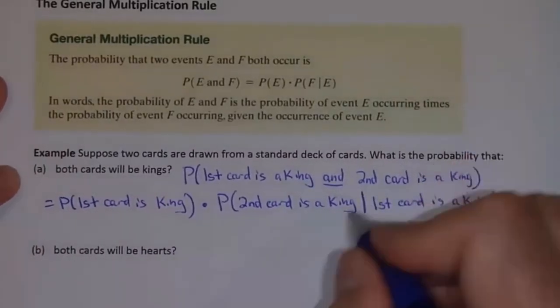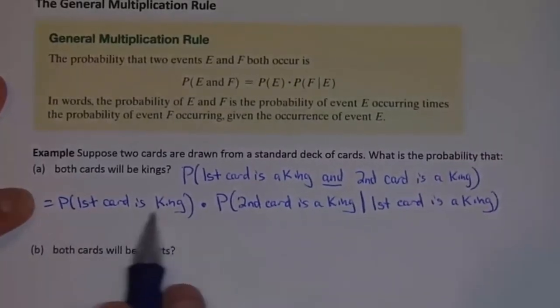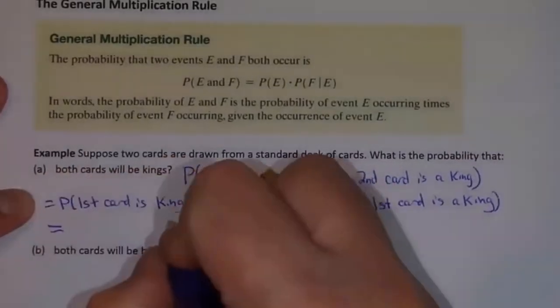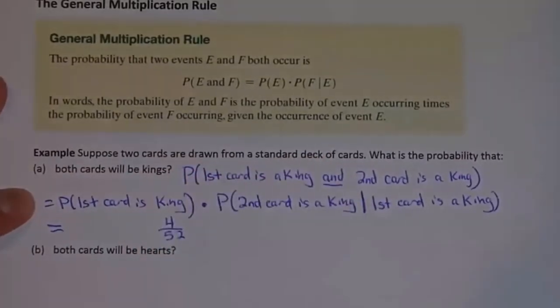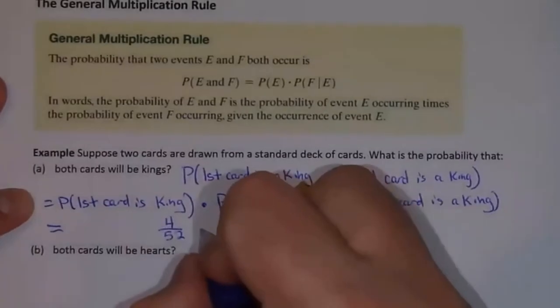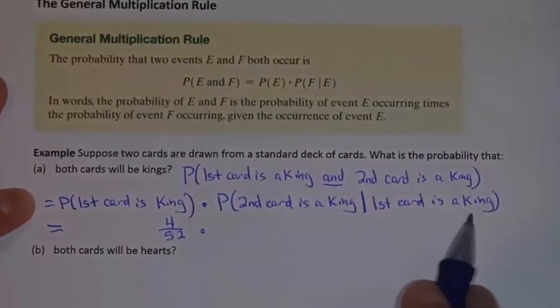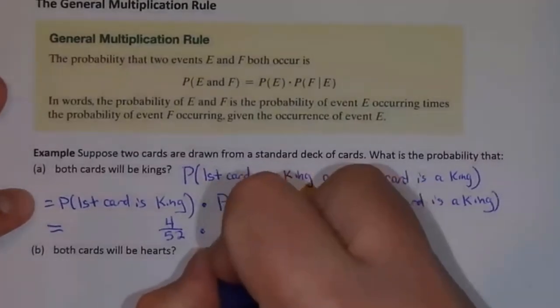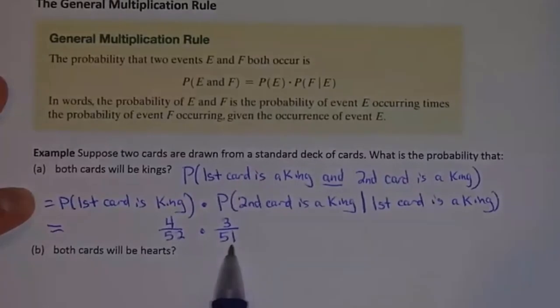The probability that the first card's a king is 4 out of 52. The probability that the second card is a king, assuming that the first card's a king, is 3 out of 51, as we've talked about previously already.